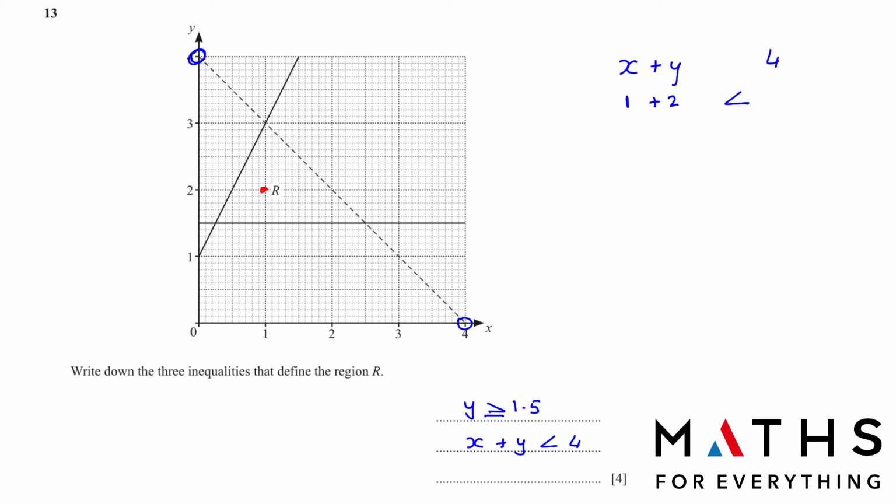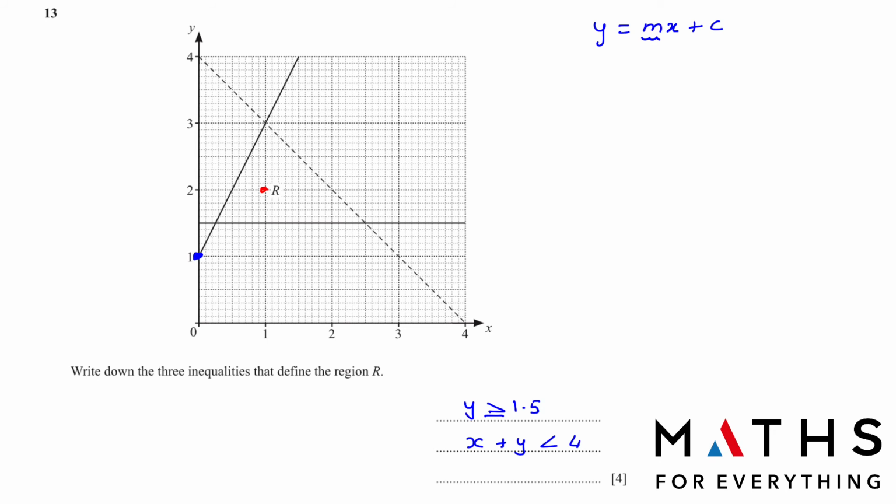Now we have another one, this line. You will have to work out the equation of the line. For equation of the line, we need to write down y is equal to mx plus c. C we already have. C is your y coordinate on the y-axis. So the only thing we don't have is m. Choose any number on the line.